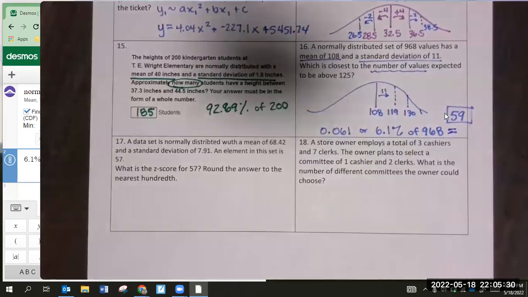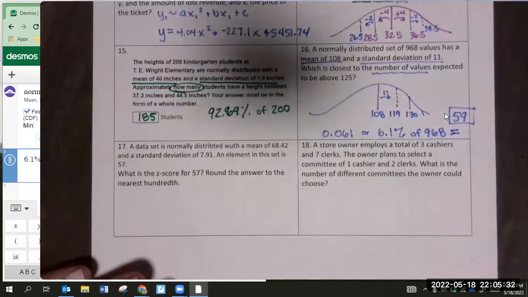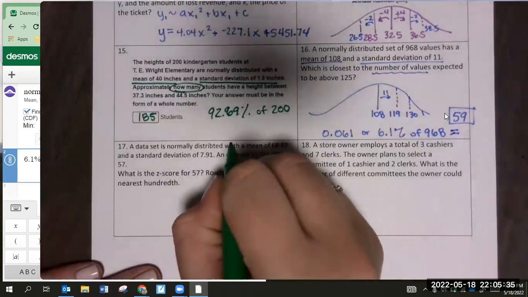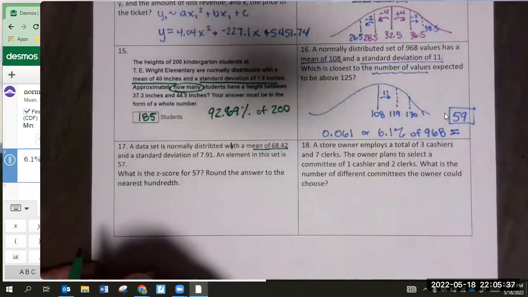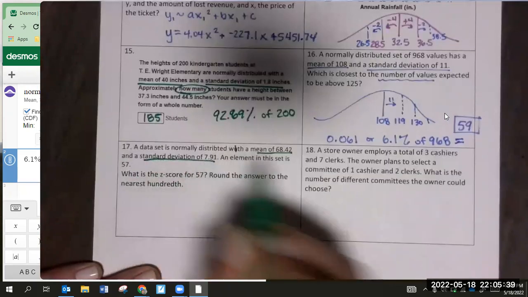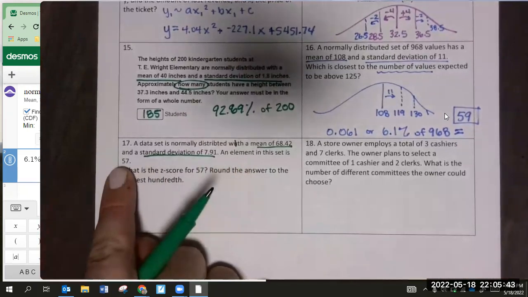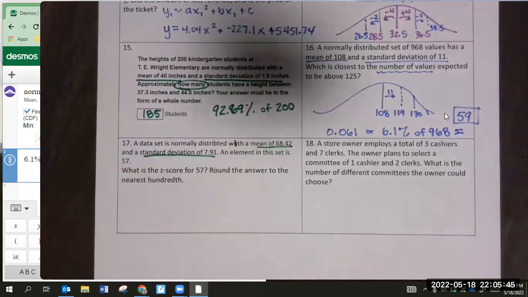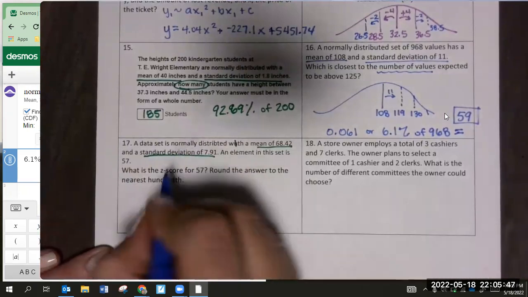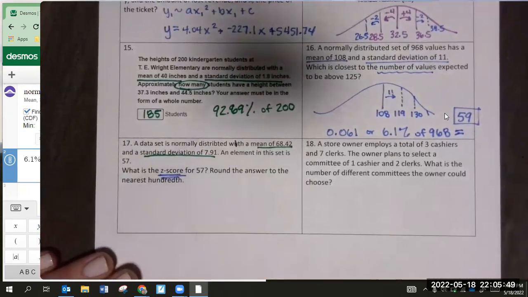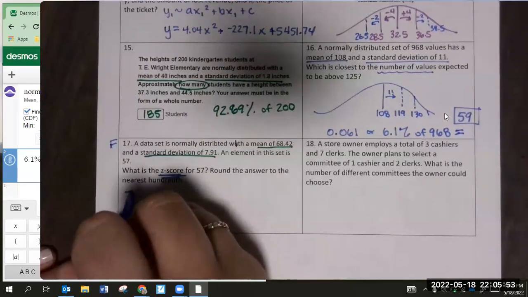A set is normally distributed, with a mean of 68.42 and standard deviation of 7.91, and an element in that set is 57. It wants to know what the z-score is for 57. Now, there is a formula on your formula sheet for z-score.